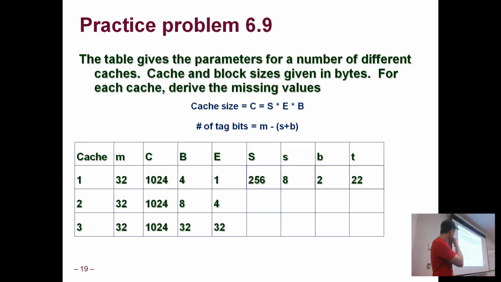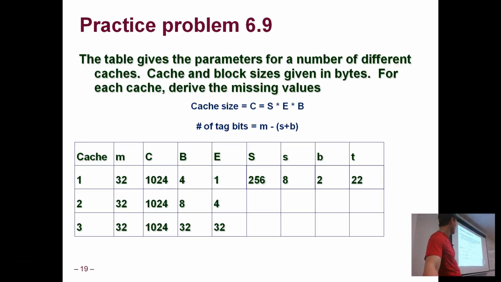Okay, so let me have you do the next 2. Where do we get B from again? What's that? I missed where we got B from. 2. Because you have 4 bytes in a block, in order to identify which byte you want out of that, you would need 2 bits. Because you have the 00 byte, the 01 byte, the 10 byte, and the 11 byte.